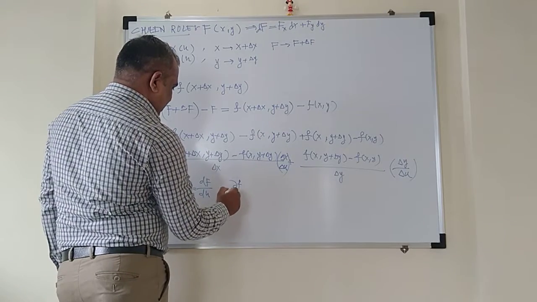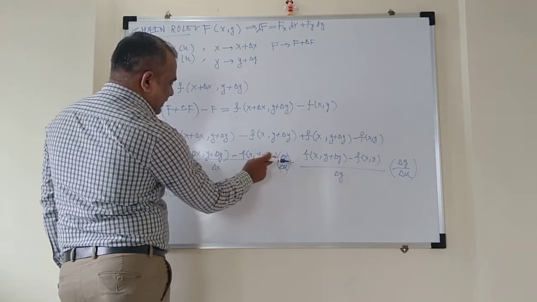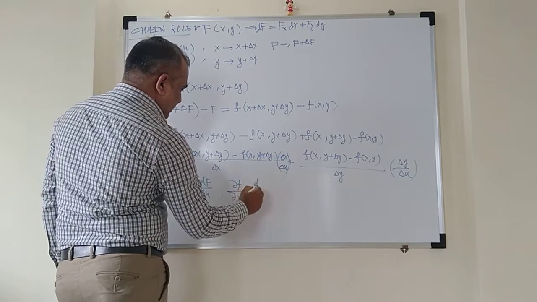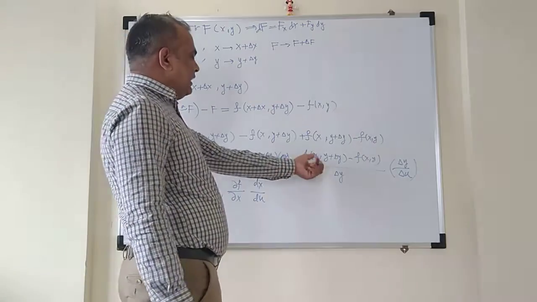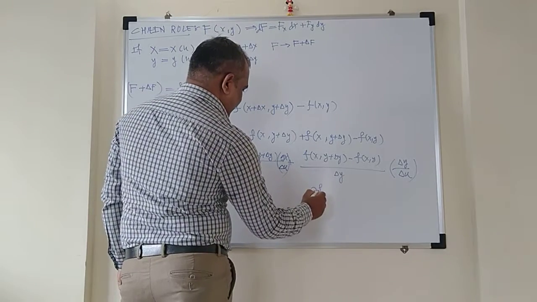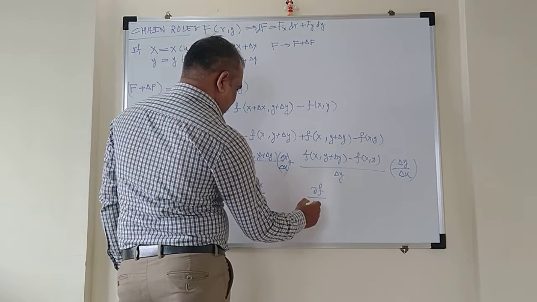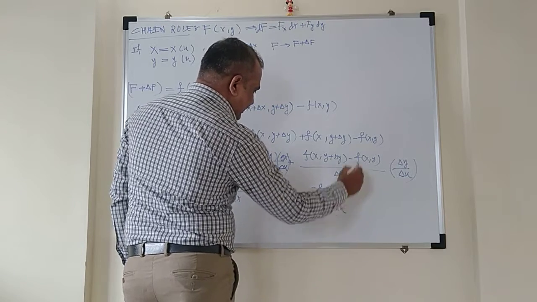So this is dou f by dou x, and this limit delta x by delta u will be dx by du. Similarly, if you take the limits for the second term, that will give you dou f by dou y into dy by du.